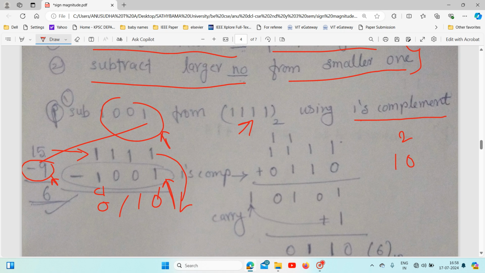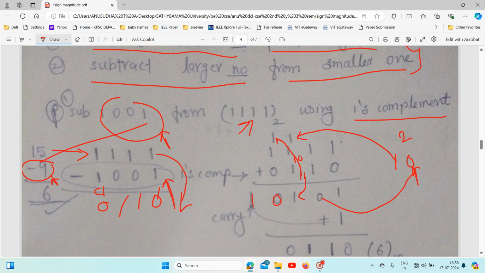You keep the first bit as the result, and this one is the carry bit. 1 plus 1, the result is 1, 0. 1, 0 plus 1, the result is 1, 1. You keep the first bit as the result and the second bit as a carry.